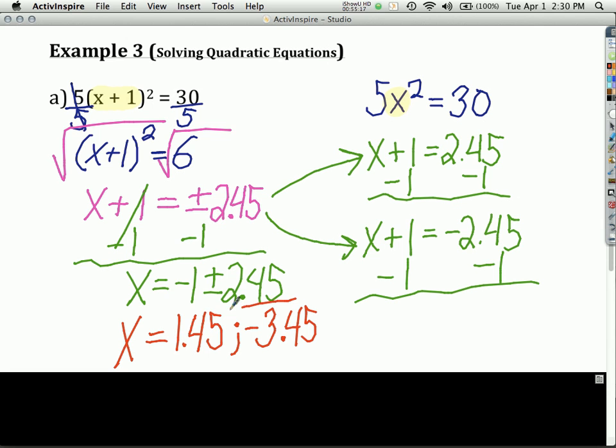So you get two solutions. X equals 1.45 and x equals negative 3.45, which is what I would have gotten had I solved these two over here. 2.45 minus 1 is 1.45. Negative 2.45 minus 1 is negative 3.45.